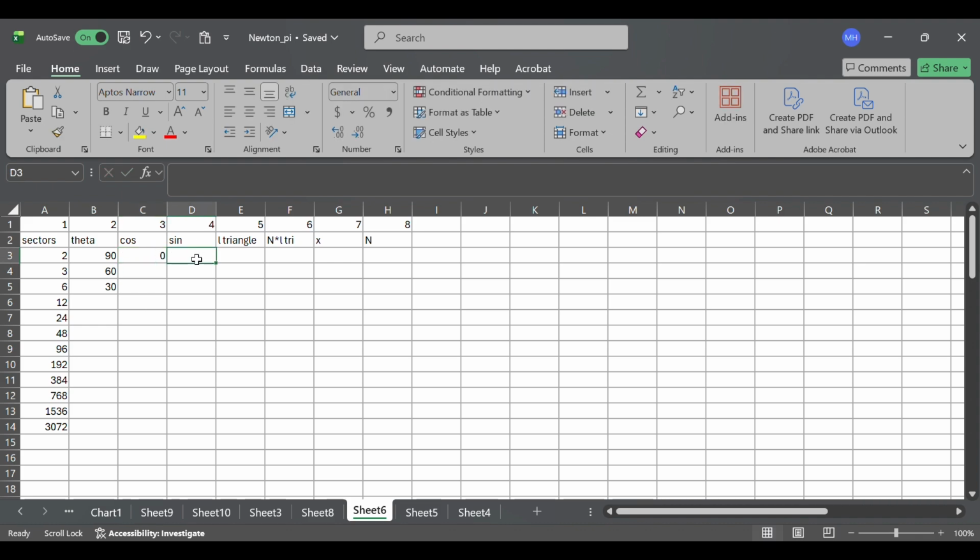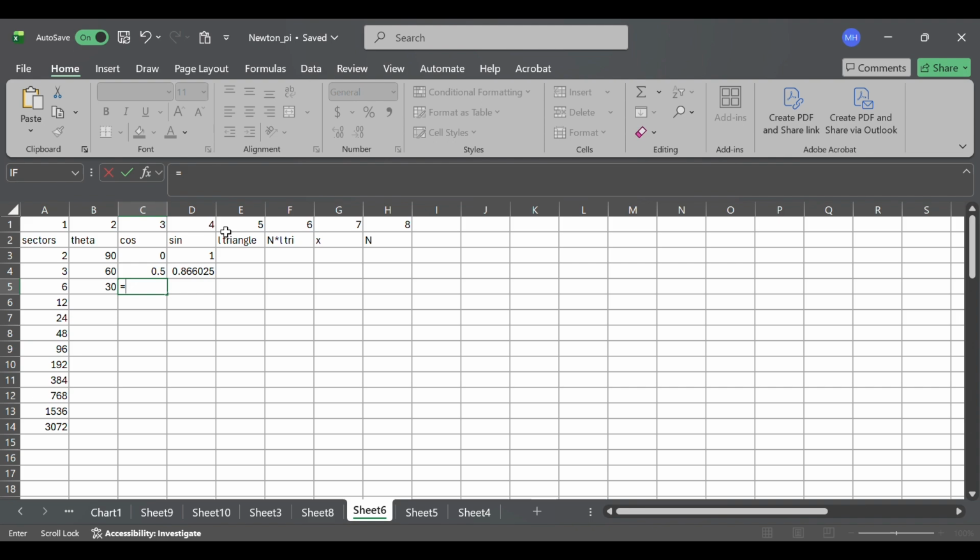So for theta equal to 90, we're going to say cosine is 0 and sine is 1. For theta equal to 60, cosine is 0.5 and sine is the square root of 0.75. Those are values we know. And then for all subsequent ones, we'll use the half-angle formula.